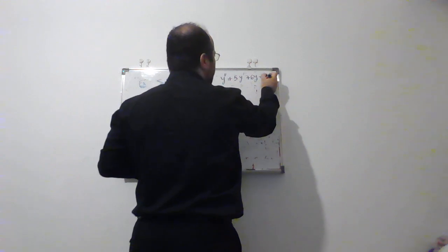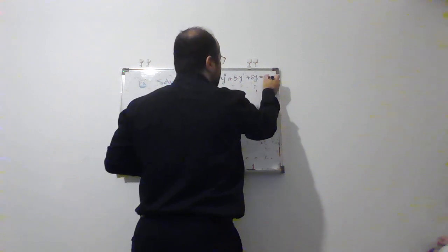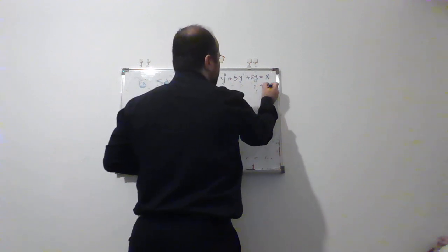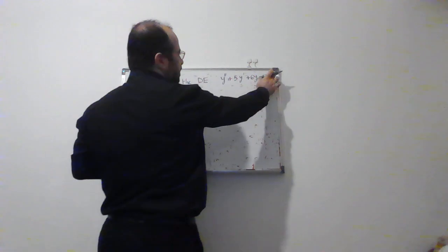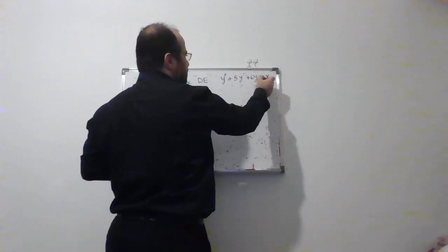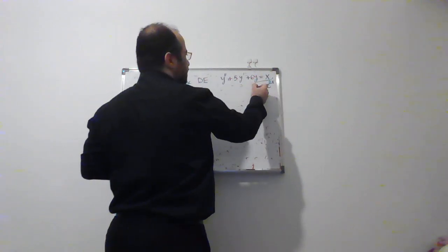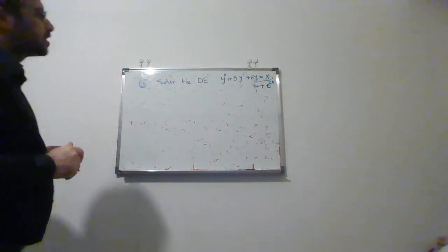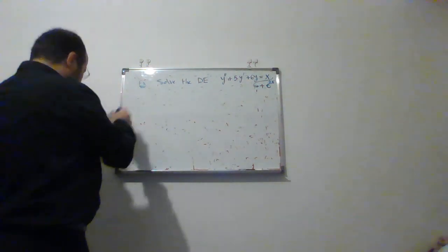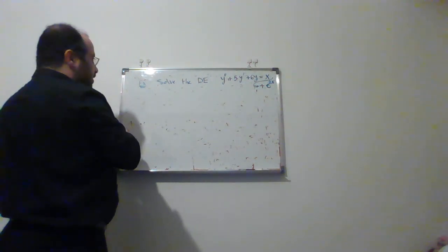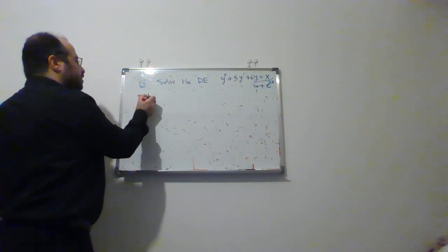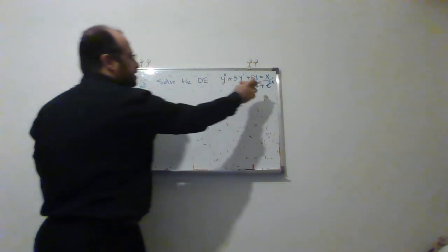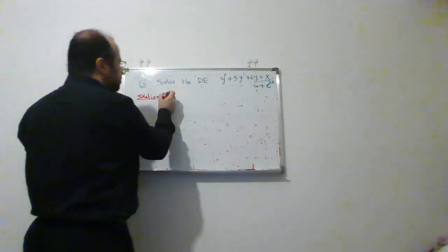Say I have x plus e^(2x). So the right hand side is x plus exponential 2x. Now the superposition principle says don't worry about this: you have a nice function plus a nice function, then y particular.